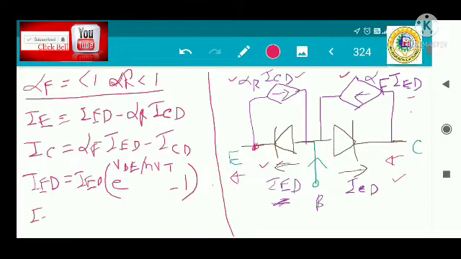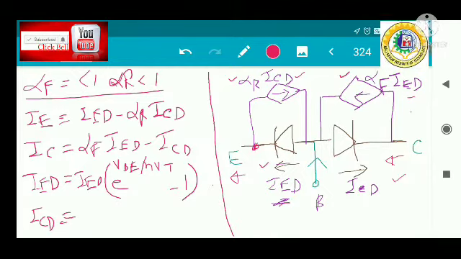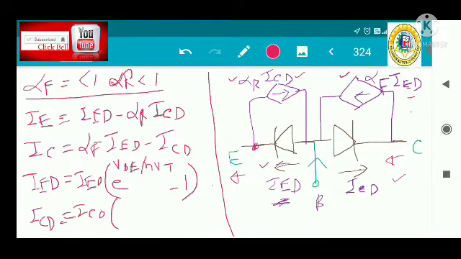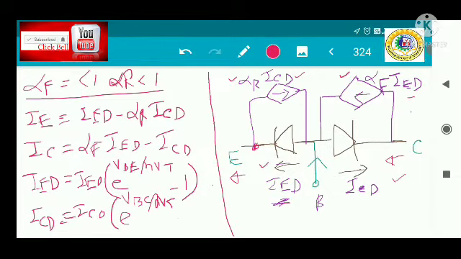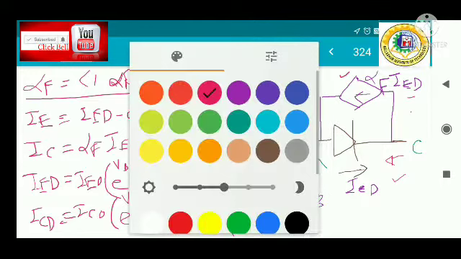And ICD is the same, we are just reversing the emitter and the collector terminals, so IC0 is the reverse saturation current, e to the power VBC divided by eta Vt, minus 1, happening at the collector-to-base junction.